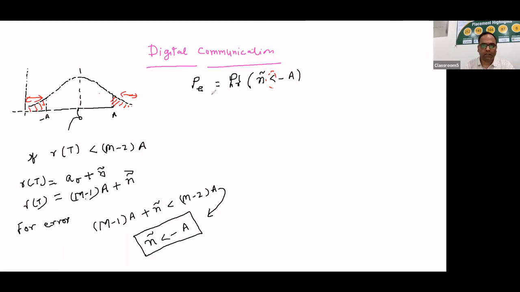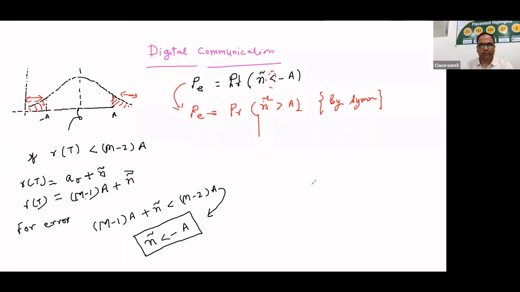So by symmetry, the probability of error can be simply written as the probability that n tilde is greater than a, right? This is by symmetry.